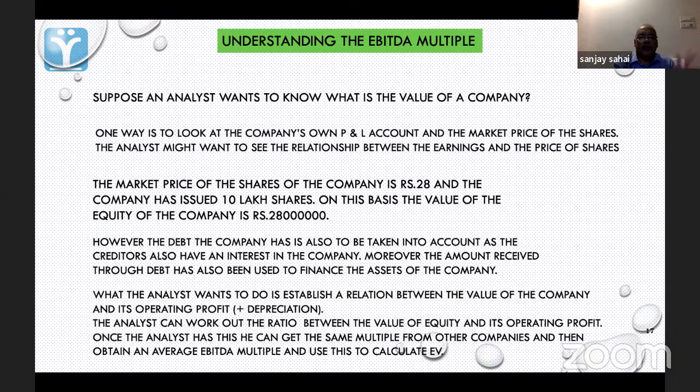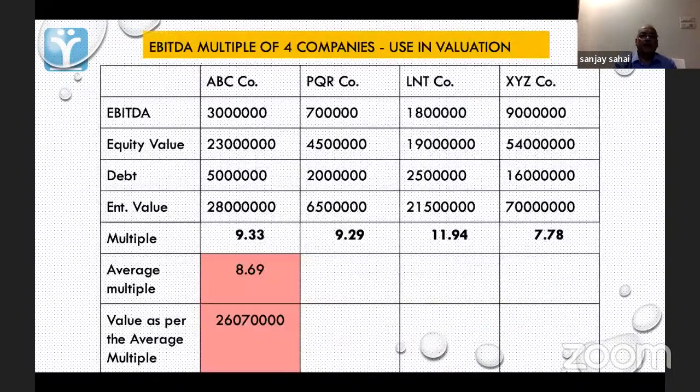Once he does this, he is able to compare it with other companies in the same line of business, and that gives him a basic idea about how good or bad this particular company is. Now, suppose the comparison comes like this. This is the company we had. No, we had a different company. These are 4 companies in the same line of business.